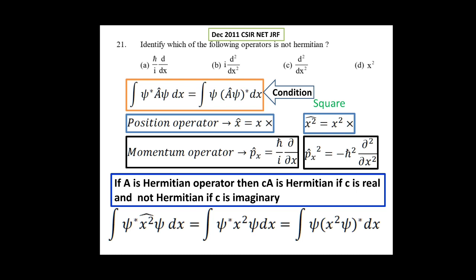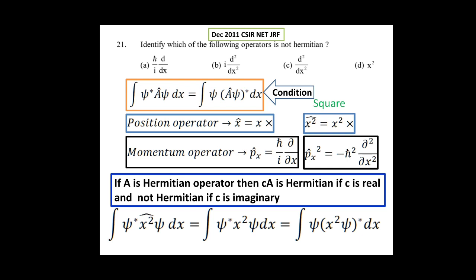Since the momentum operator is a Hermitian operator, its square is also a Hermitian operator. If you see the operator very carefully, this is nothing but minus h cross square del square by del x square.